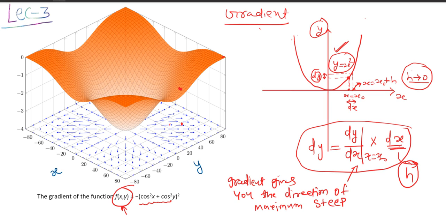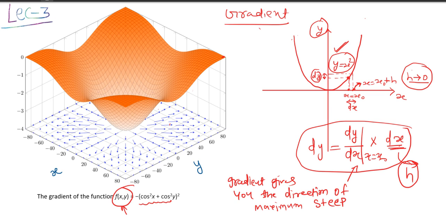The gradient will give you the direction in which this height will be reached as soon as possible. So if this is the gradient direction, you will find the maximum change in this z.